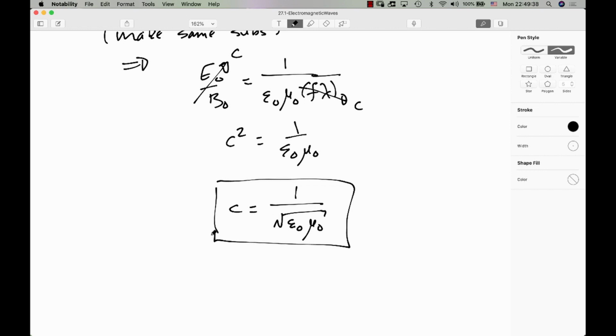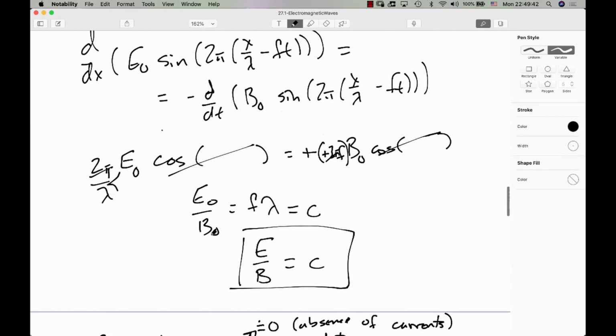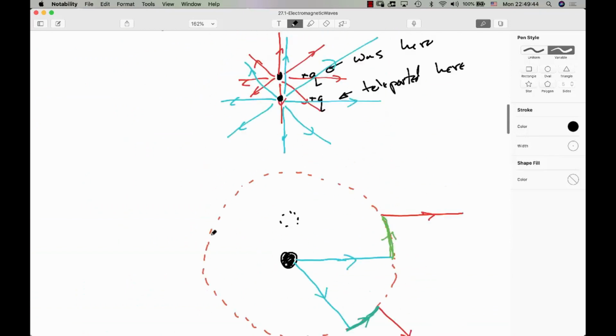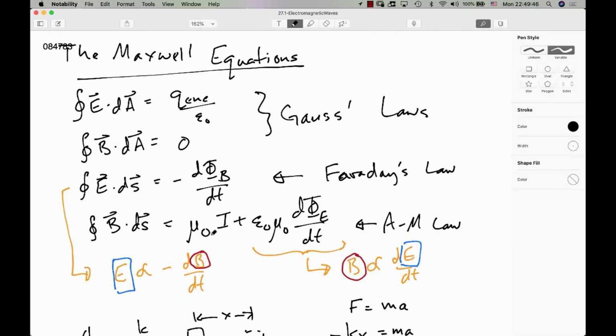Now, I want you to think about that for just a second. Let's go all the way back to the Maxwell equations just to stare at it for just a second here.